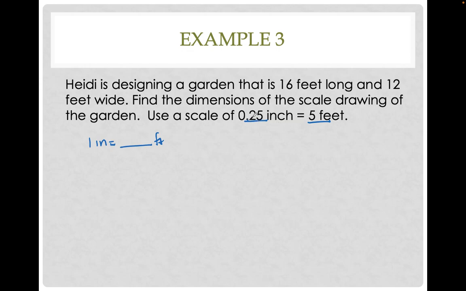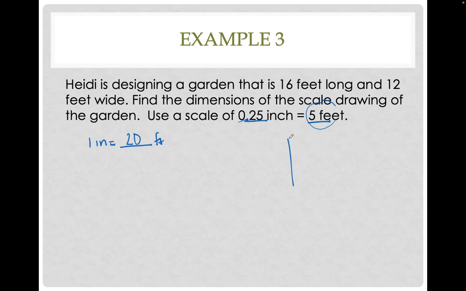So 1/4 of an inch is 4 times smaller than 1 inch. There's 4 quarters in a whole inch. So that means if we multiply 1/4 times 4 to get 1 inch, we should also multiply 5 times 4 to get 20. So every inch is 20 feet on the garden.